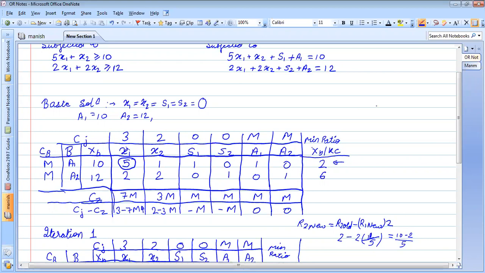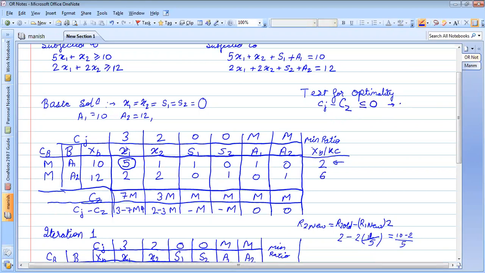Correct? Now, if you remember, what was the test for optimality? Cj minus Zj should be less than or equal to 0. Sorry, let us write the same terminology, Cj minus Cz should be less than or equal to 0.